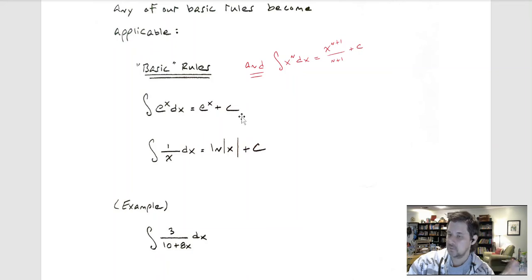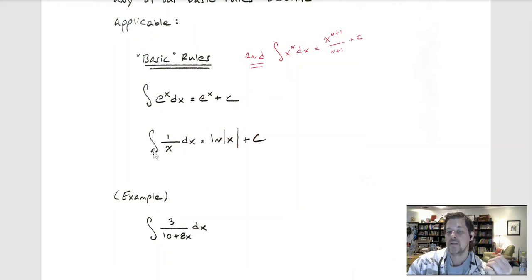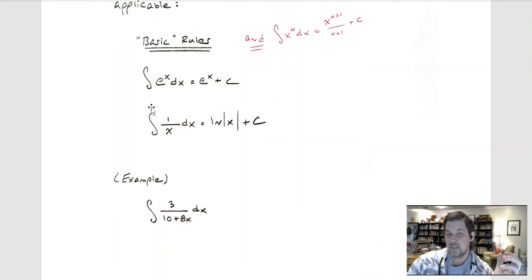Why is that true? Well, this is an indefinite integral. It's also called an antiderivative. It just means that if you took the derivative of this, you get this. Yes, the derivative of e to the x power plus some constant is e to the x power. Here's another one. The antiderivative of 1 over x dx is natural log absolute value of x plus c.